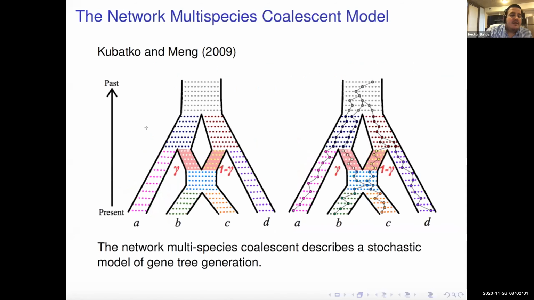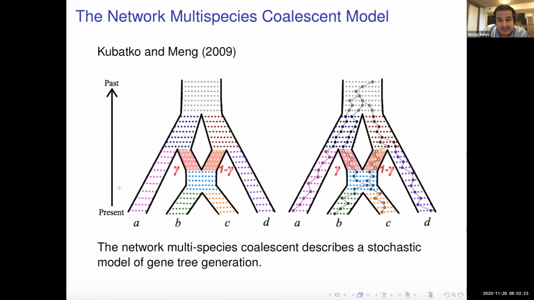So the background model that we work on is the network multispecies coalescent model, and some talks have really beautifully introduced the coalescent model. The one we're working with is a generalization by Kubatko and Meng that accounts for hybridization. I'm going to give just a really brief explanation of what it is.